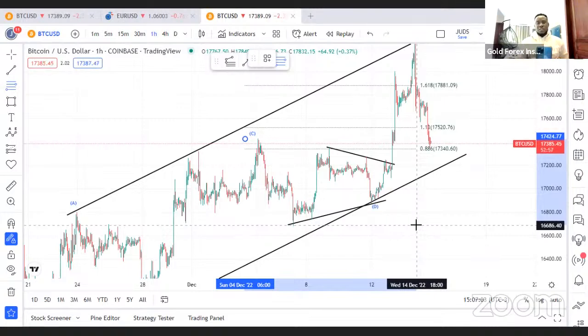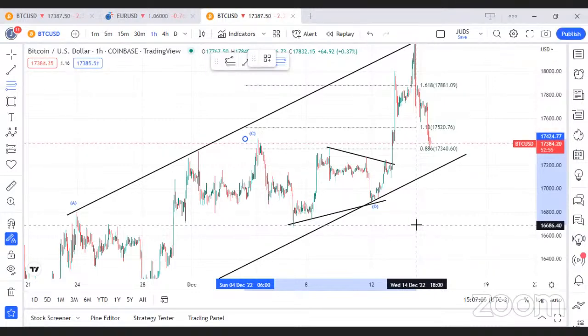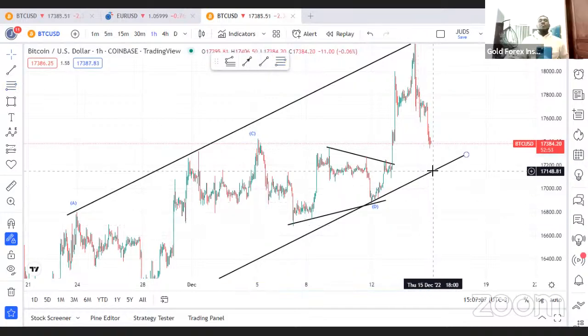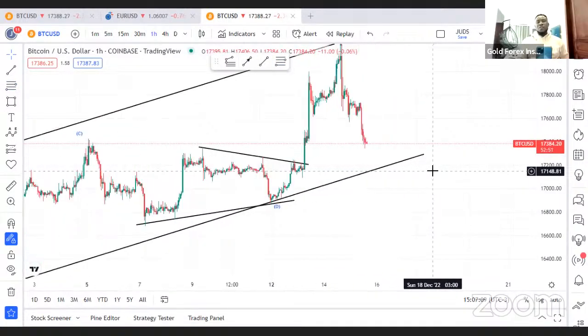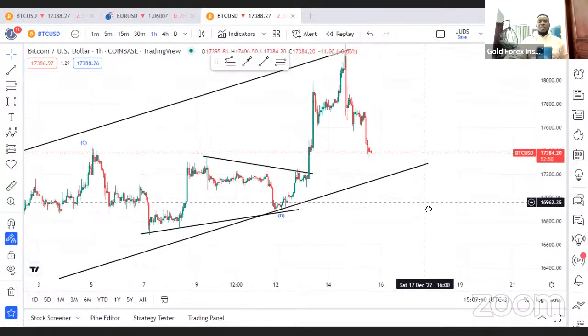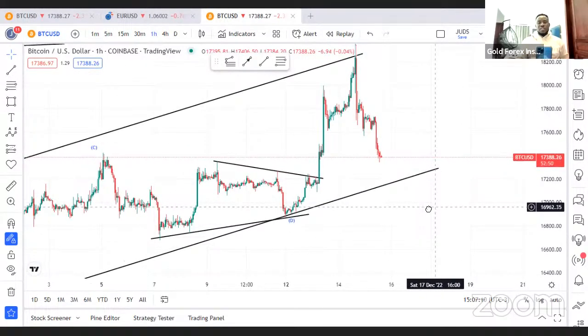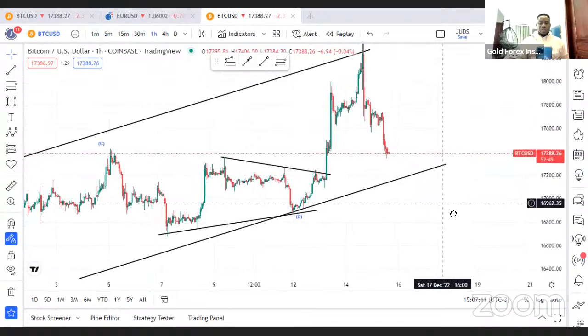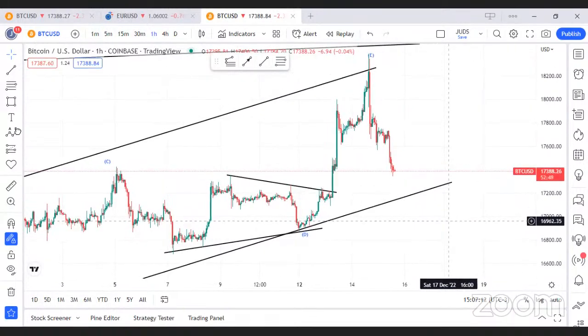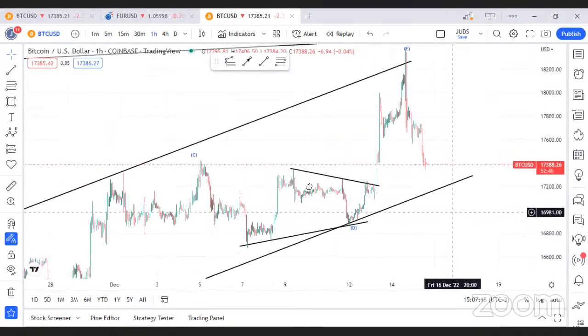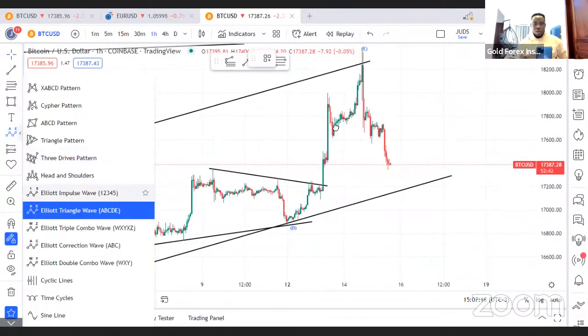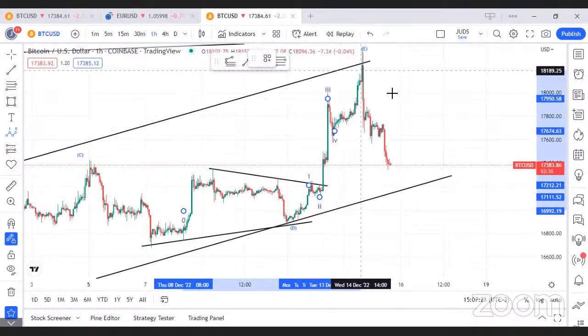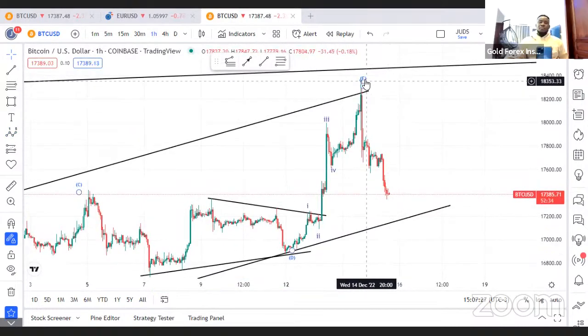I was looking at something. So we are just looking for a good flag, like a good correction, and we join the sell. Or you wait for it to break the triangle and look for a flag to join.